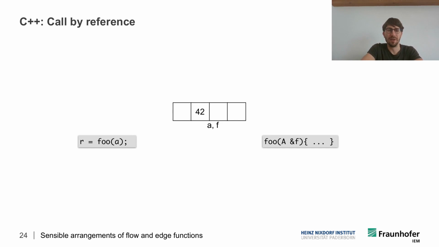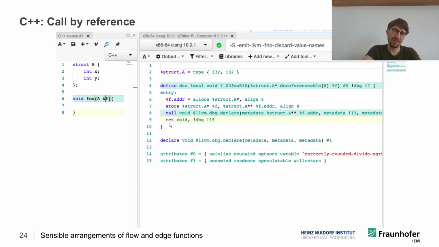So when we ask Godbolt again what such a C++ statement translates to in LLVM IR, you will see that under the hood this is implemented as a pointer as well. So from here on, we do not differentiate call by pointer and call by reference anymore, as this is basically the same concept and it's realized in the same way in LLVM IR.